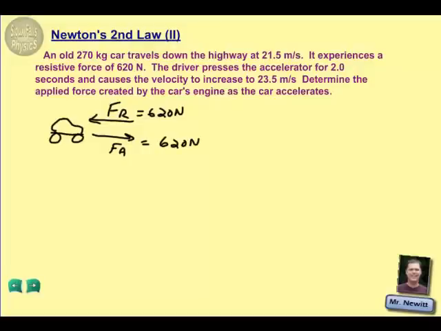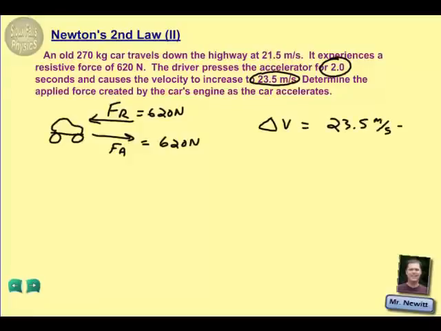Now, it does tell us that the driver presses the accelerator for 2 seconds and accelerates the car to a new velocity of 23.5 meters per second. So one of the first things we have to do in this problem is to figure out how much acceleration the car actually underwent. Well, the change in velocity is the difference in speed.